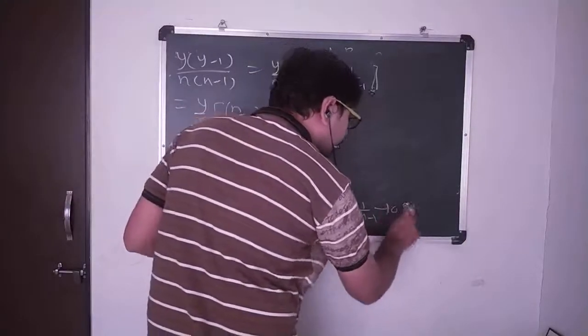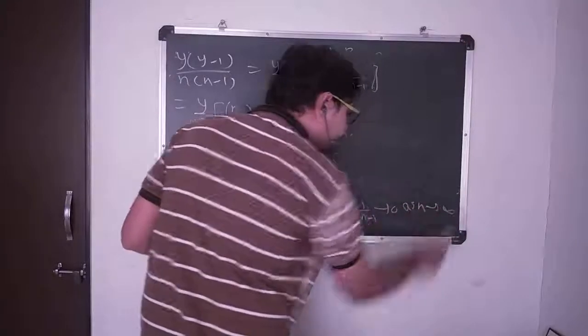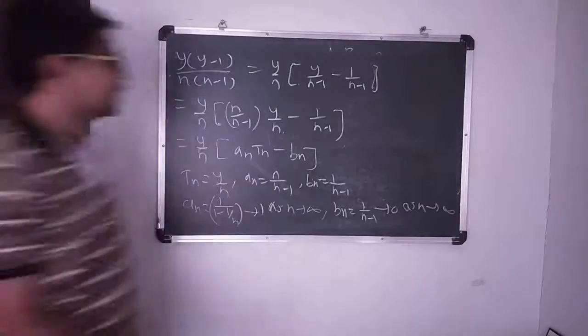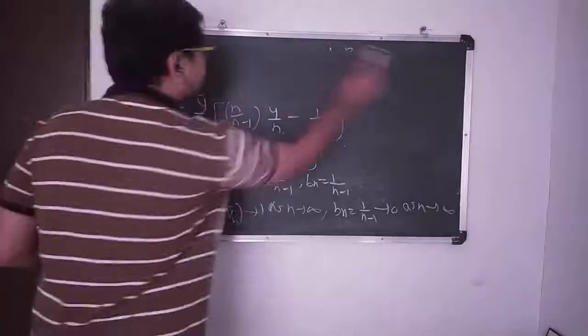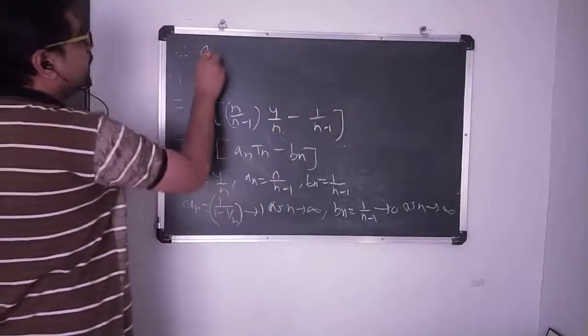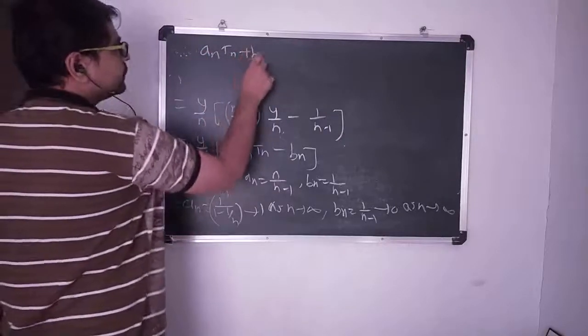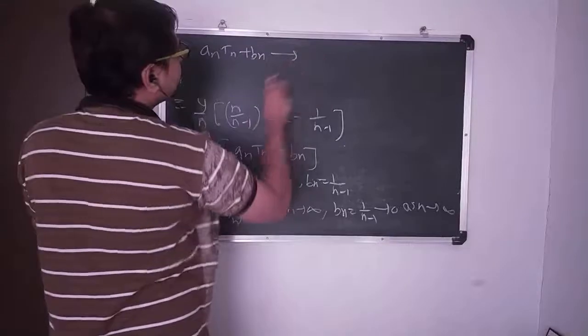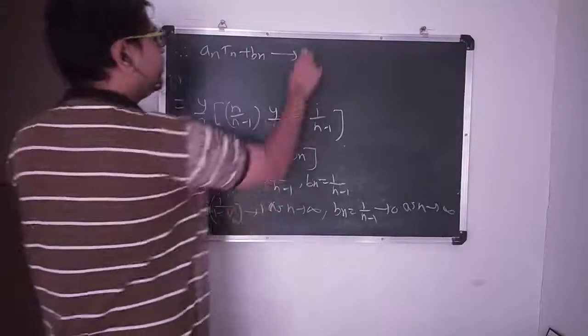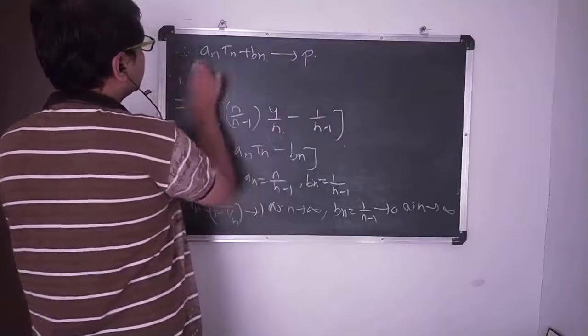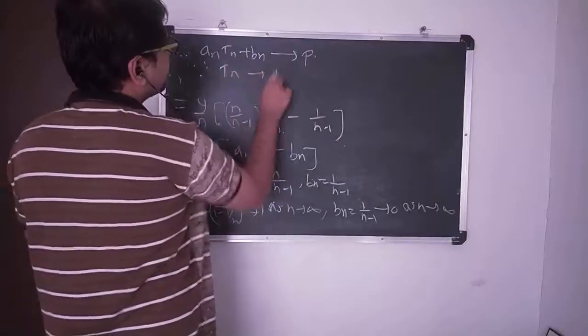This tends to 0 as n tends to infinity. Therefore An Tn plus Bn is a consistent estimator of p, since Tn is a consistent estimator of p.